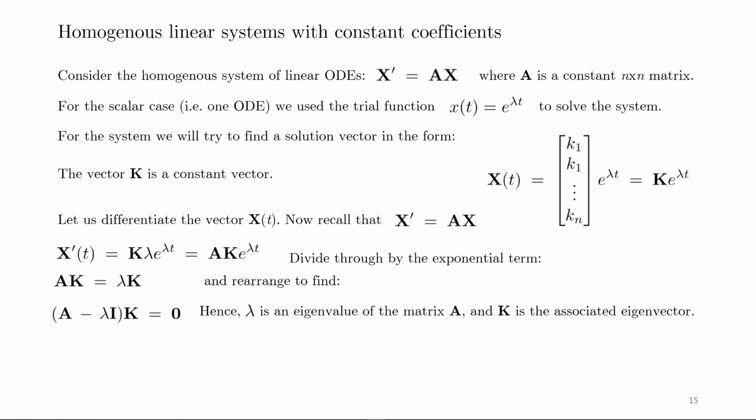It turns out that to solve a homogeneous system of linear ODEs, represented above, we have to find the eigenvalues and the eigenvectors of this coefficient matrix, which in this case is a constant, A.